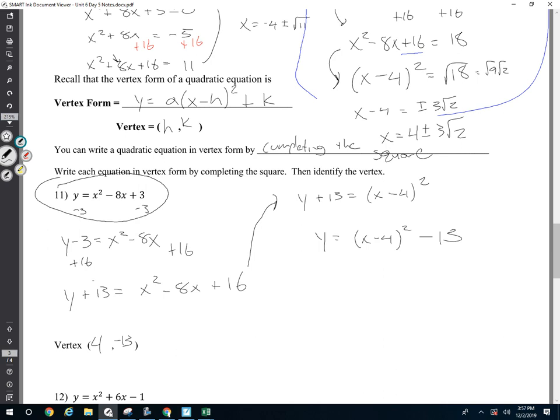No? If not, then I made a mistake. Go over to trace. Why don't you just press trace and do 4? Yeah. Do you see the point 4, negative 13? You could also do the minimum. Remember trace? Just trace, trace, 4, enter. Okay?